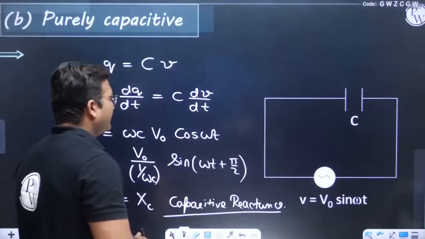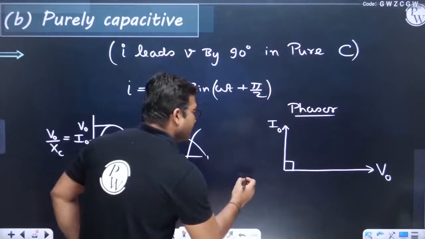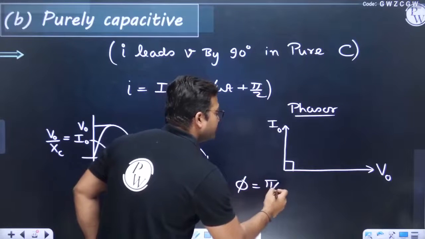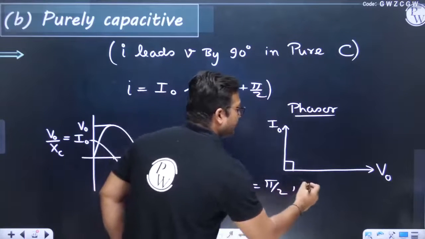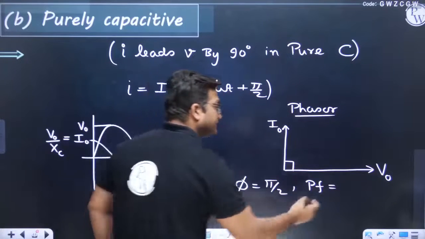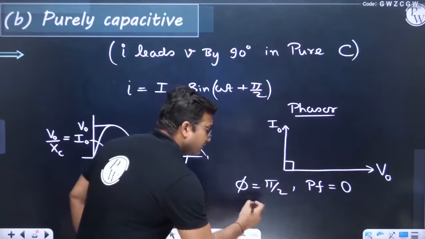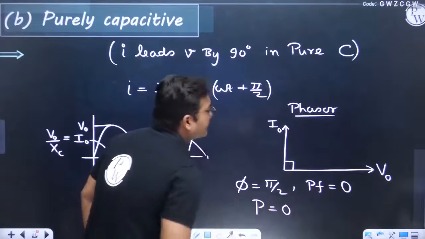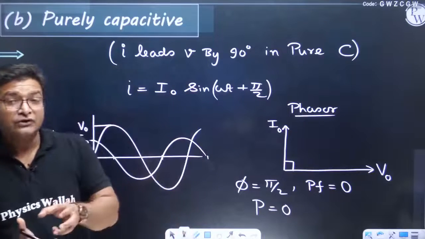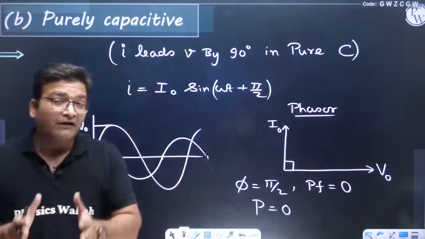If we have a pure capacitive circuit, can you see the phi equals pi by 2? If phi equals pi by 2, power factor which is equal to cos phi is 0. And if power factor is 0, power is 0. So the capacitor does not dissipate or store average power.